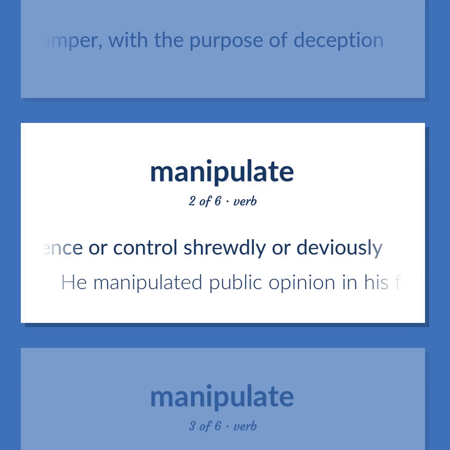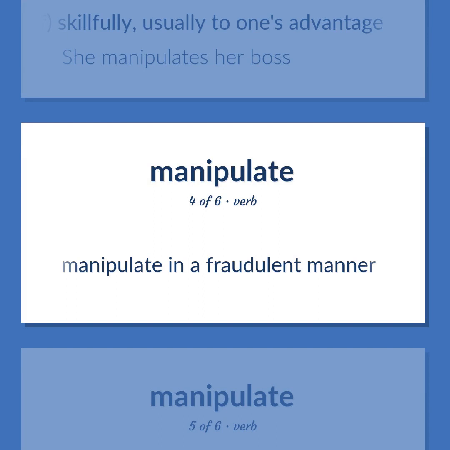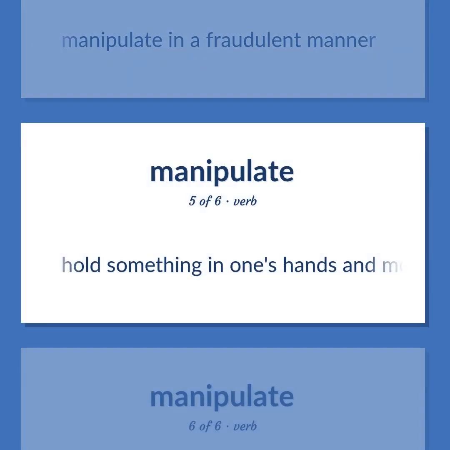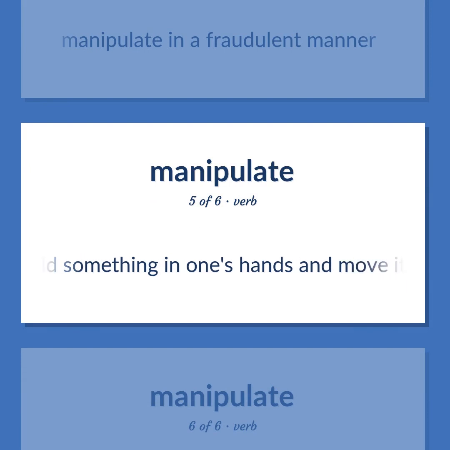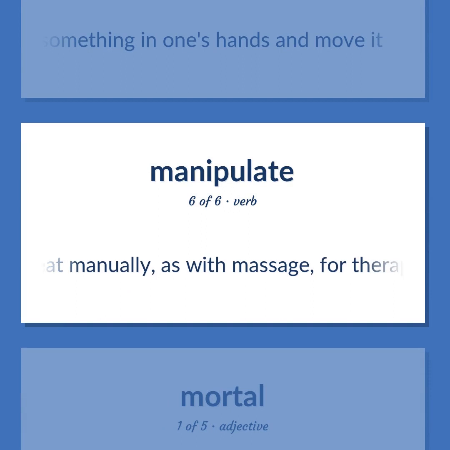He manipulated public opinion in his favor. Maintain influence over others or oneself, skillfully, usually to one's advantage. She manipulates her boss. Manipulate in a fraudulent manner. Hold something in one's hands and move it. Treat manually, as with massage, for therapeutic purpose.